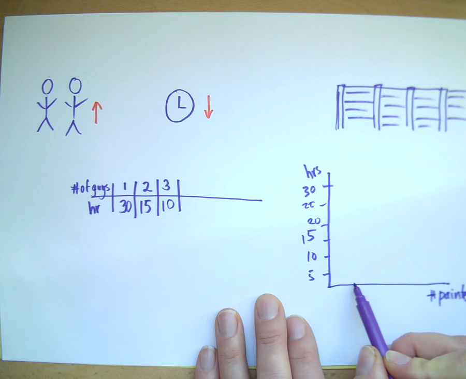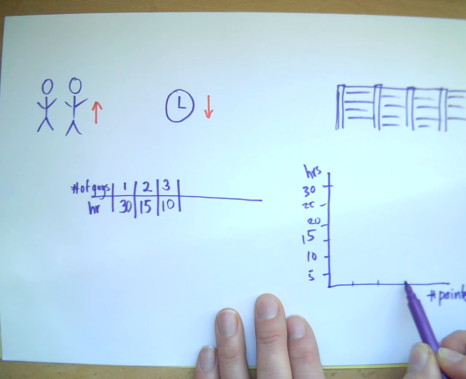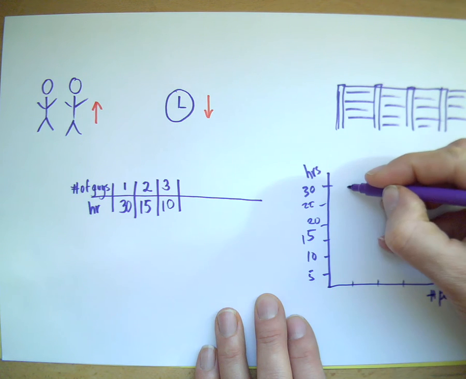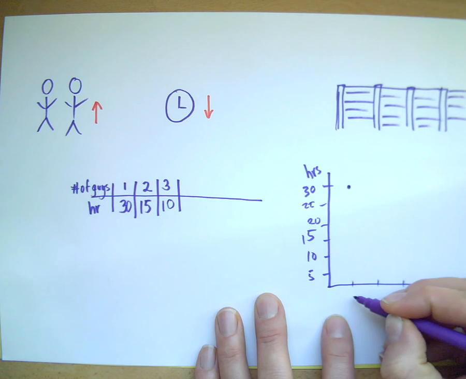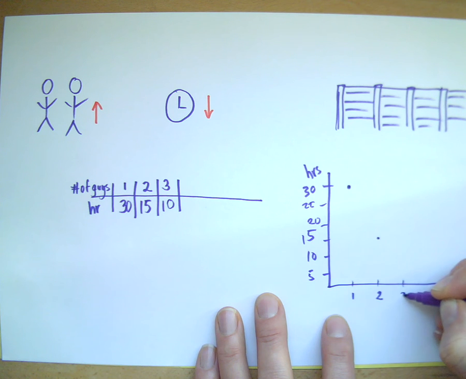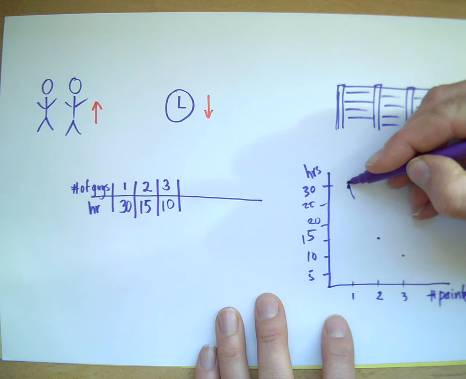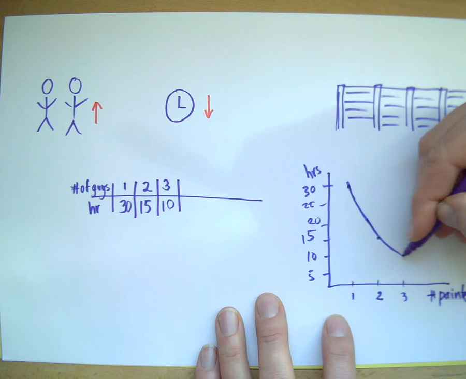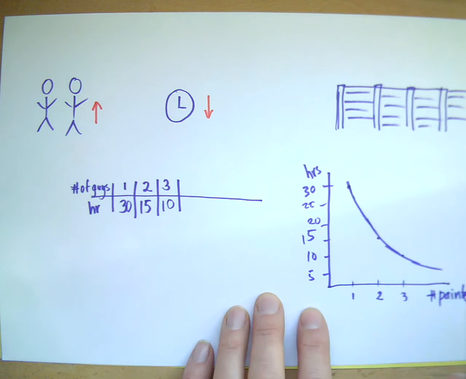One guy, 2 guys, 3 guys. One guy takes 30 hours, 2 guys, 15 hours, 3 guys, 10 hours, and you would get a graph looking like this.